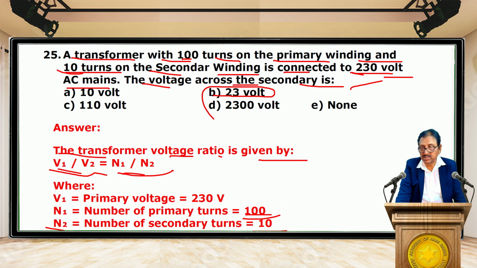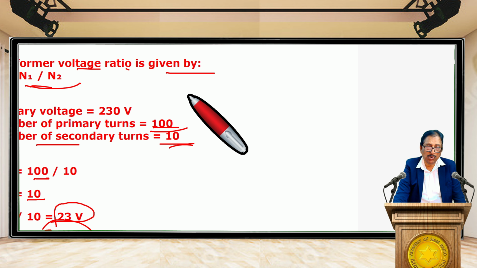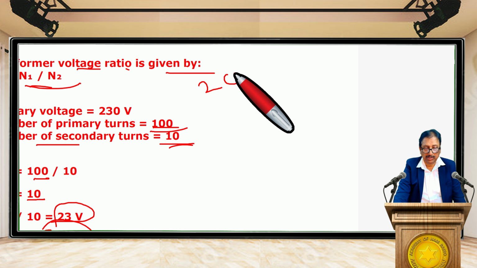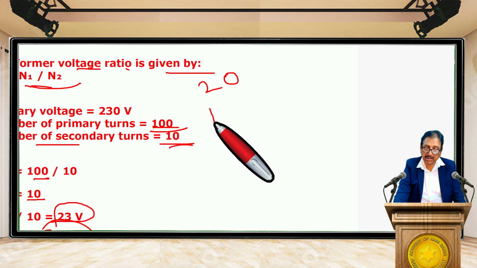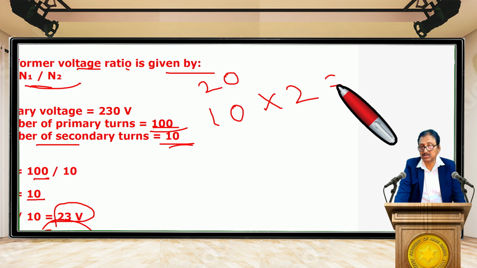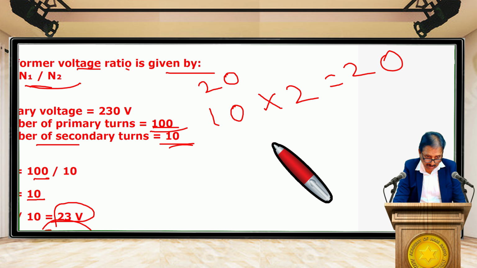So these are the questions. 25 questions normally will be given for restricted grade. Those who want to qualify need to get 20 marks. That means they need to answer 10 questions correctly, so 10 into 2, 20 marks. That is the qualifying marks.